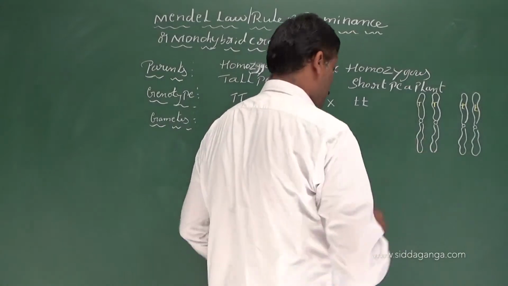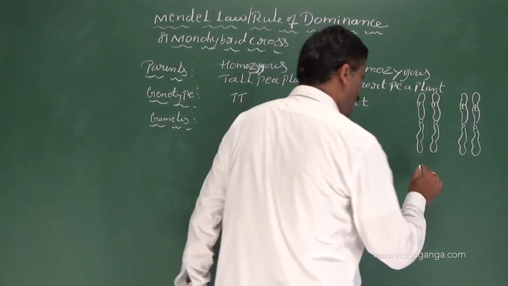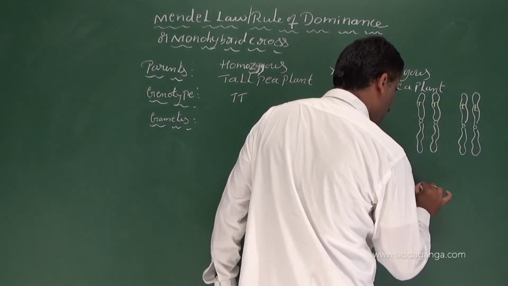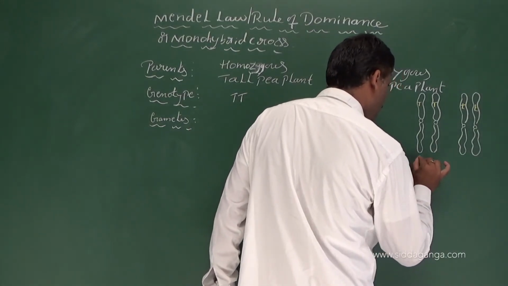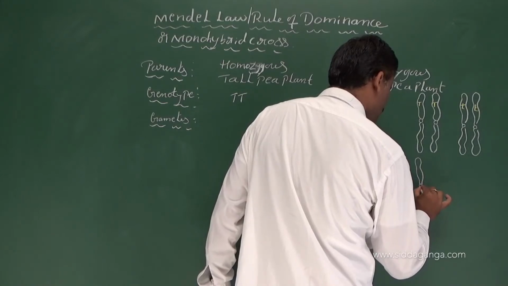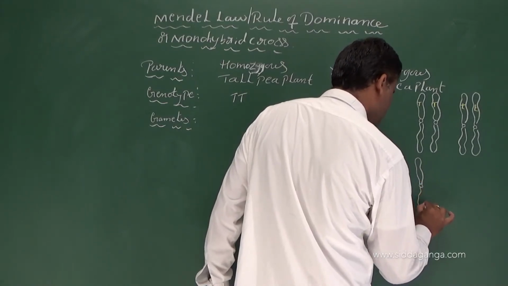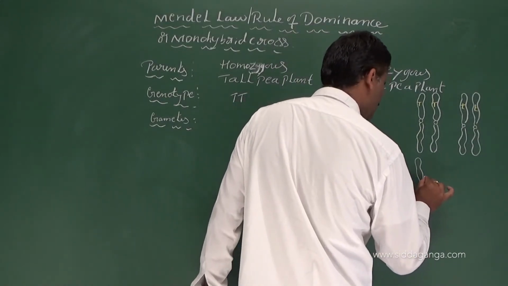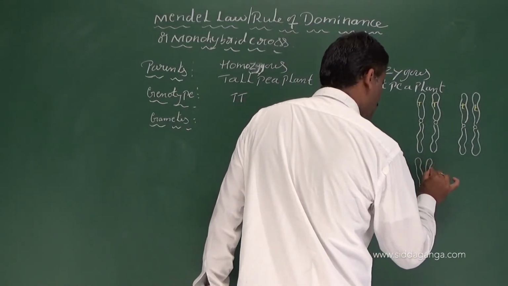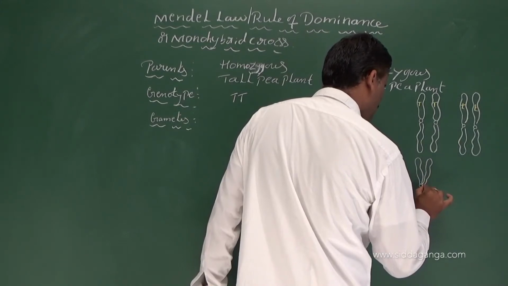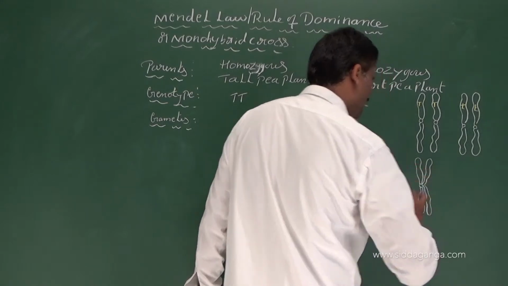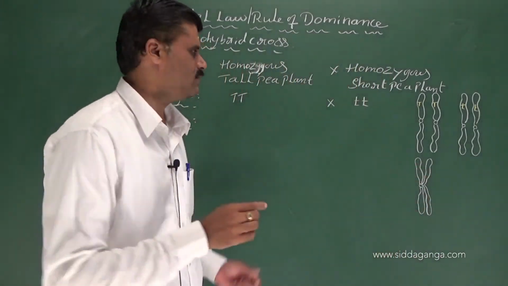See, these chromosomes undergo the process of meiosis. During the time of meiosis, what happens? The chromosomes will double. When the chromosomes double, the DNA of the chromosomes also doubles. When the DNA doubles, the genes also double.